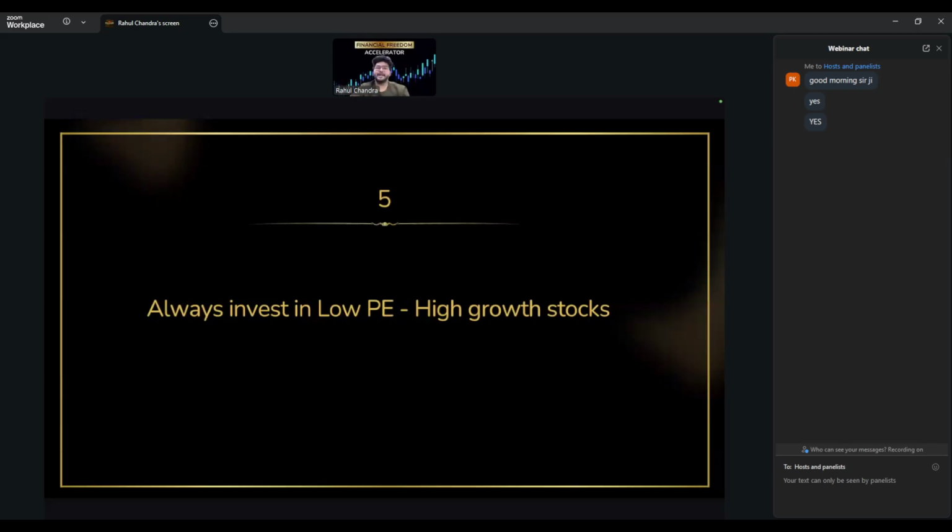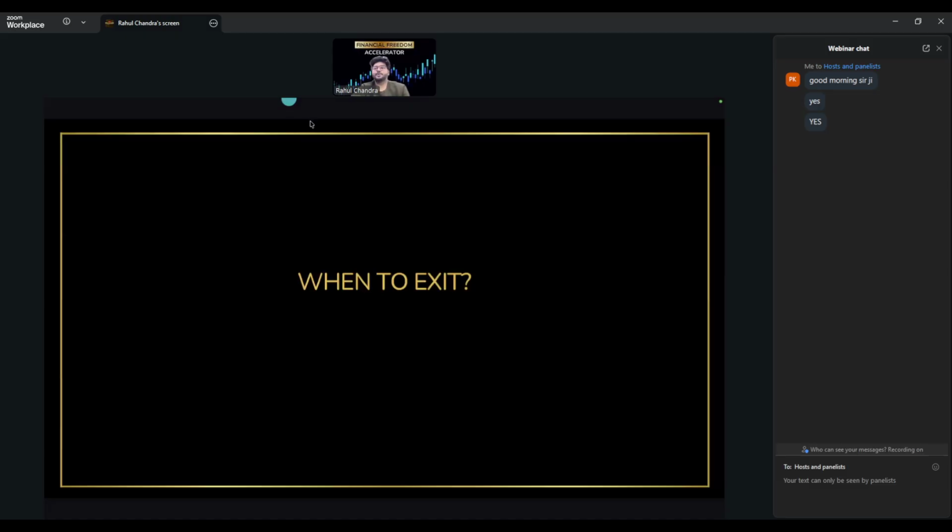So these are all entry criteria. But we also need to understand when to exit. For example, should you exit when the price of a stock falls?